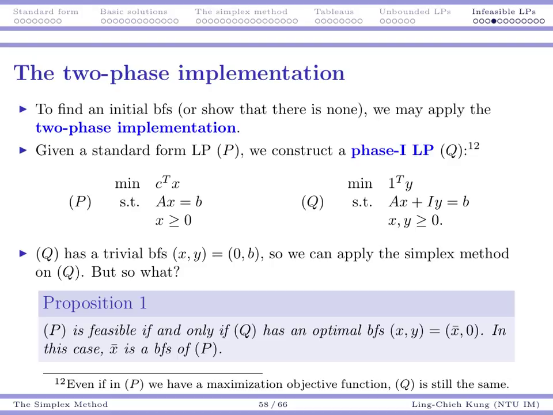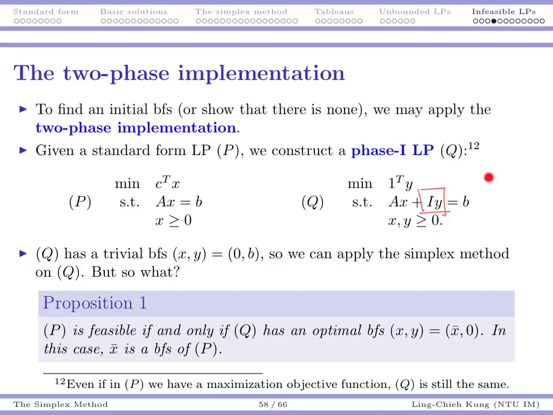So I want to create an identity matrix by myself, so that later, if I set y equal to b and x equal to zeros, then that's a feasible solution.